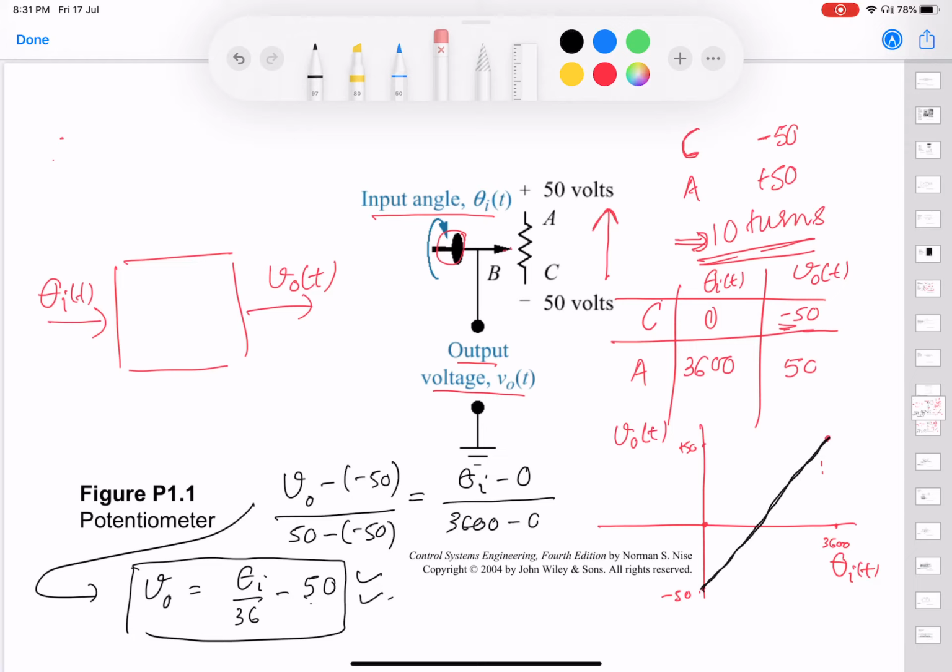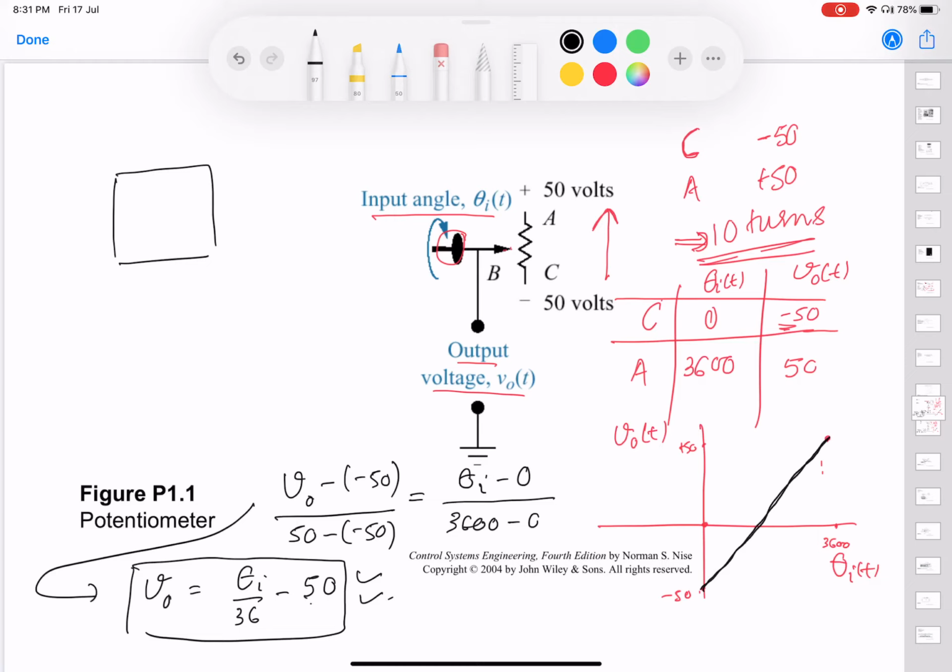Yes, we can do that, but we'll need something more than just a simple block, because the input in this case, theta_i(t), goes in, and whatever signal goes into the block is multiplied by the block. So here you can put 1 by 36, and what you get out from the block, this signal here, is theta_i(t) divided by 36.